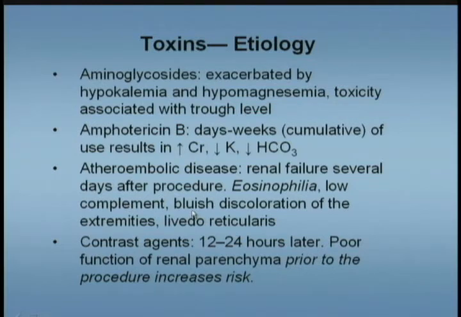There is no treatment. The biggest question for contrast-induced atheroembolic disease is, what can you do to prevent it? Atheroembolic disease, there's nothing to prevent it. You see blue toes, livedo reticularis, eosinophils. The single most accurate test would be to biopsy one of those bluish discolorations.